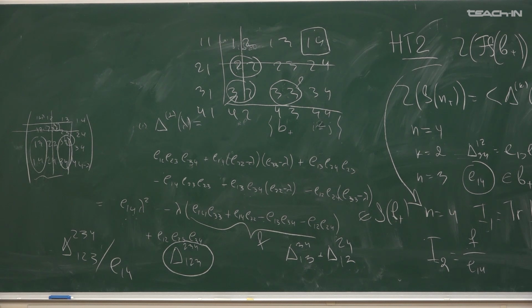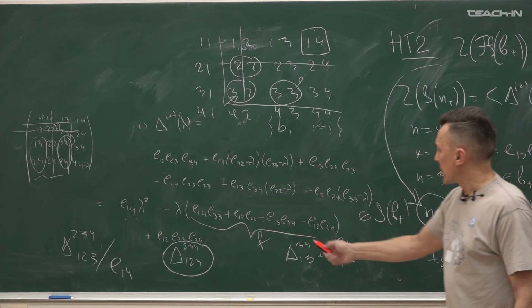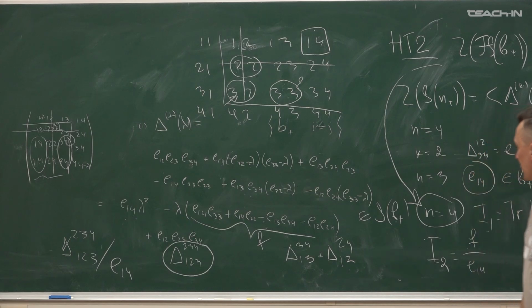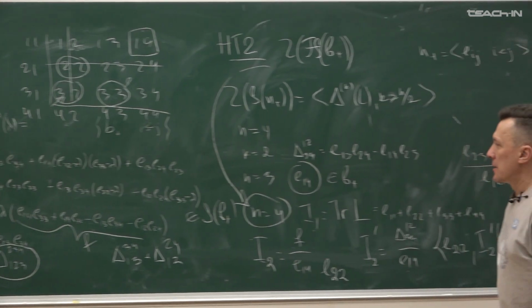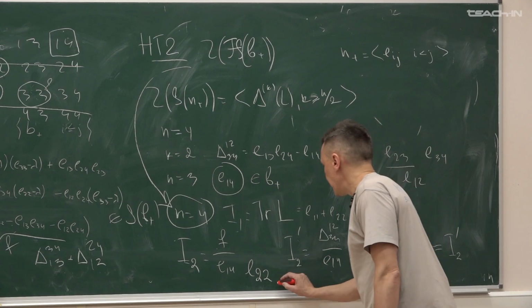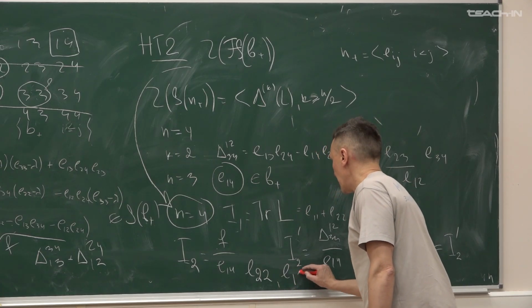I don't know. Let us verify. So let us verify in n equal 4 that this ratio commutes with E2, 2 and E1, 3.